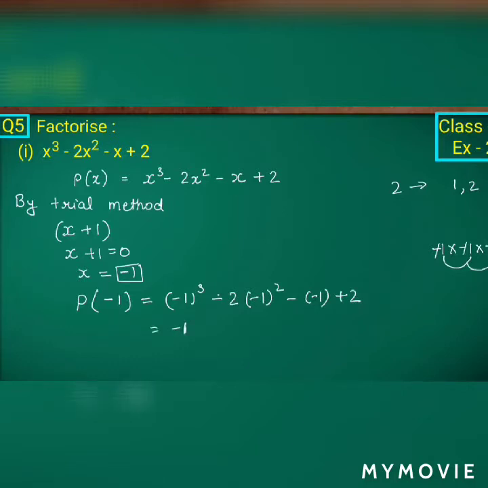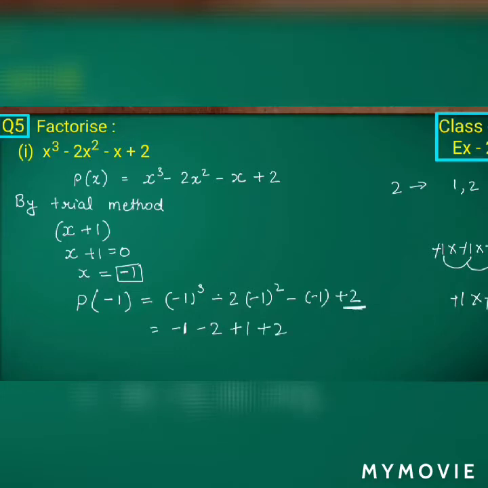So minus 1. Minus 2 into minus 1 whole square, which is plus 1, minus 2 into plus 1 is minus 2. Then minus of minus becomes plus 1, plus 2.